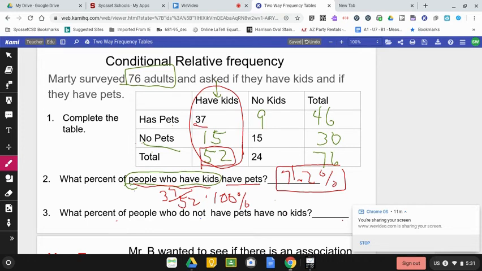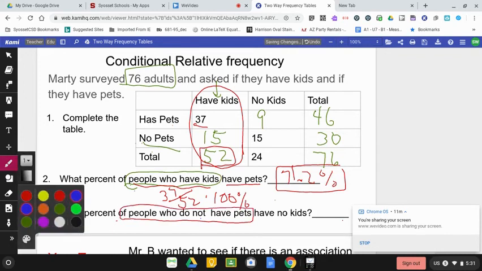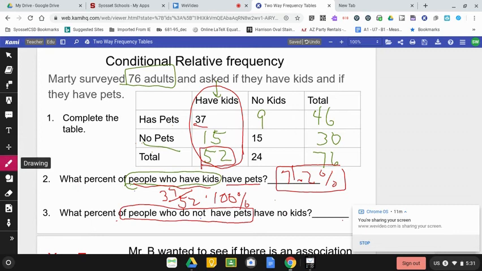What percent of people who do not have pets? Okay, once again, of people who do not have pets. Let's focus in on the row of people who do not have pets. So I'm just looking at the no pets row. And there are 30 total people in the no pets row. So I'm going to divide this by 30. And I'm going to use my numerator, people that do not have kids.